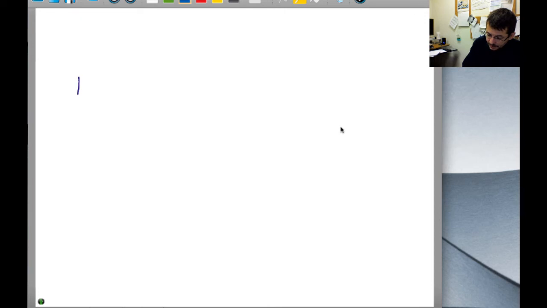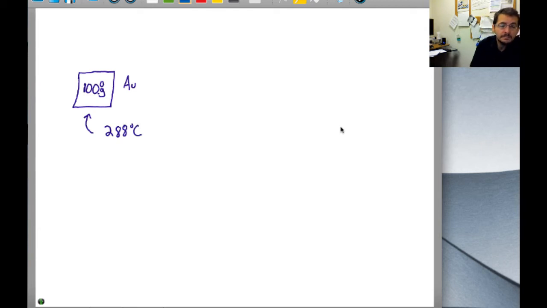You take a nice big chunk of gold. We'll say 100 grams. 100 grams of gold. And you have it hot. We're going to say that this thing is 288 degrees centigrade.